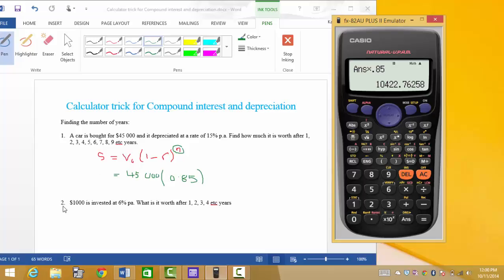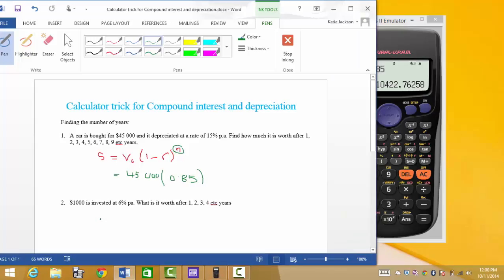And it's exactly the same here for the compound interest. So if you think about your compound interest formula, you have future value equals present value times (1 plus R) to the n, the same as the depreciation except we've got 1 plus R. So we can do this exactly the same way.